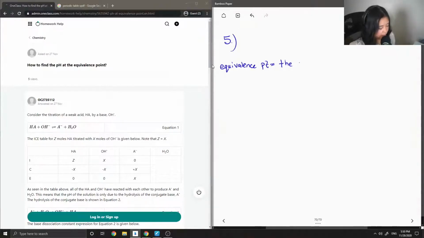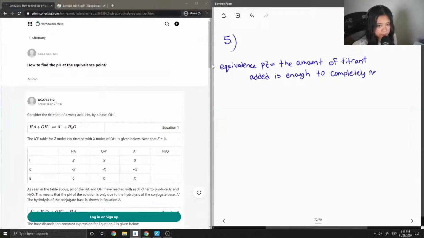This happens when the amount of titrant that is added is enough to completely neutralize the analyte solution.